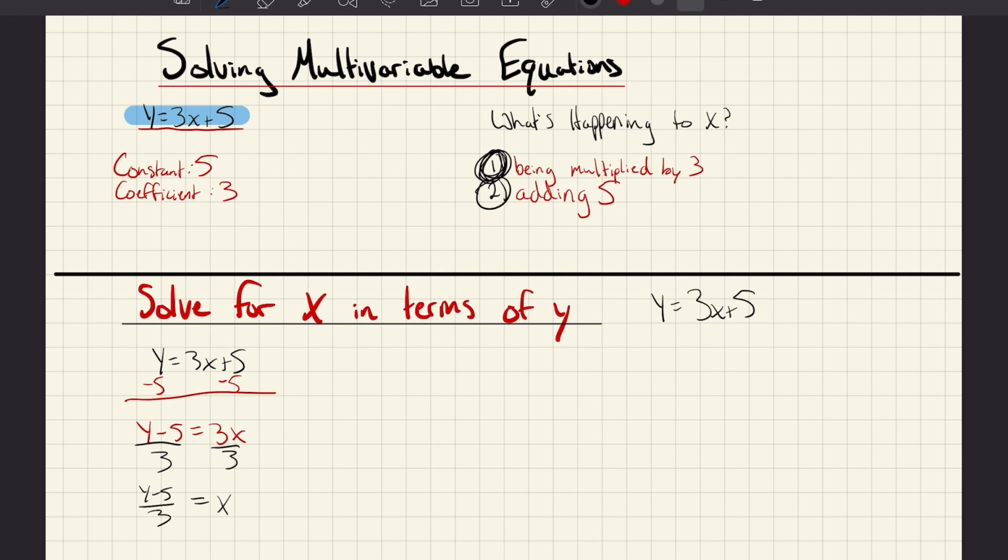Now there's another way for me to write that, which is x equals y over 3 minus 5 over 3. And I can also write that as x equals 1/3 y minus 5 over 3. But now I have my equation solved for x in terms of y, rather than solved for y in terms of x.